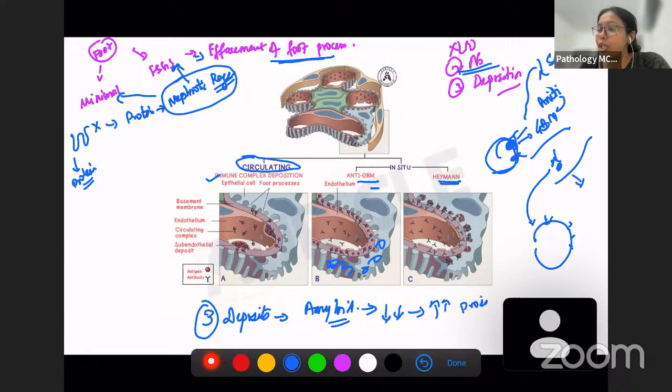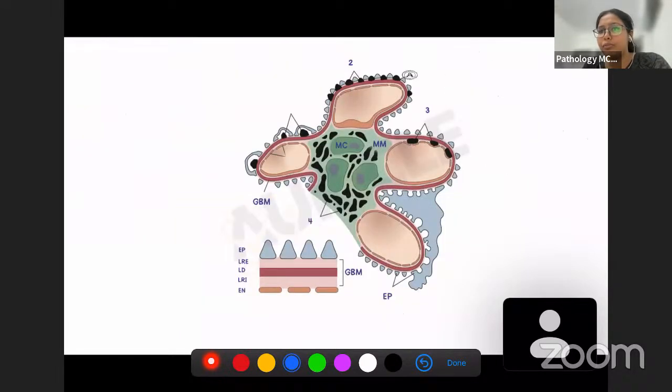So even amyloid can result in nephrotic range proteinuria, which is more than 3 grams per day. Even deposition diseases can affect the foot processes because they get deposited and impair the barrier, leading to nephrotic range proteinuria. So this is a simple concept which you have to remember regarding glomerular injury.